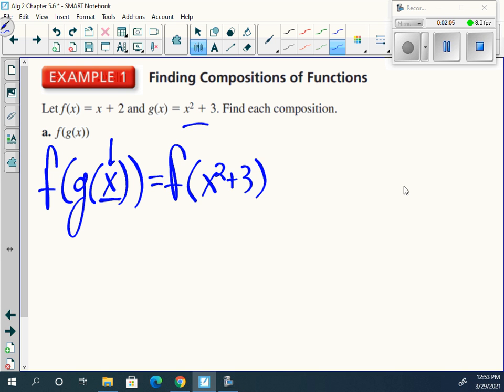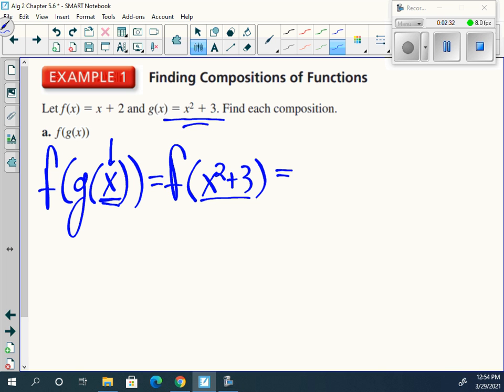Because what we did is we took every place there was an x in g of x and replaced it with x. Is that really changing anything for g of x? Well, no, it's already in terms of x. So it doesn't change anything. The first thing we did is plug x into g of x, which just gives us back x squared plus 3, because it's already in terms of x.